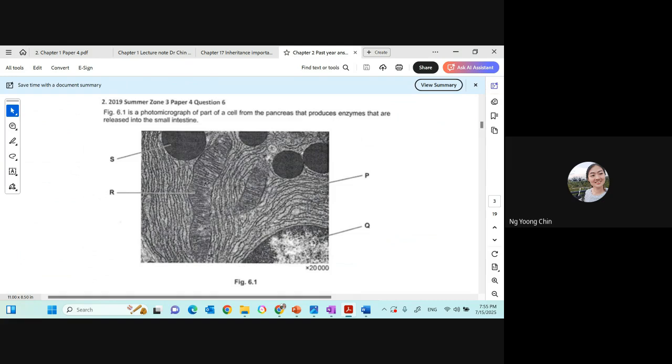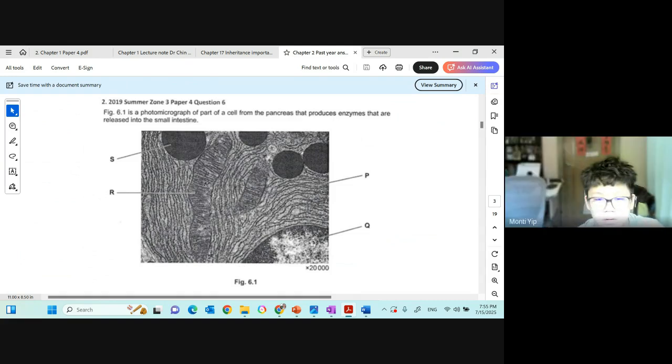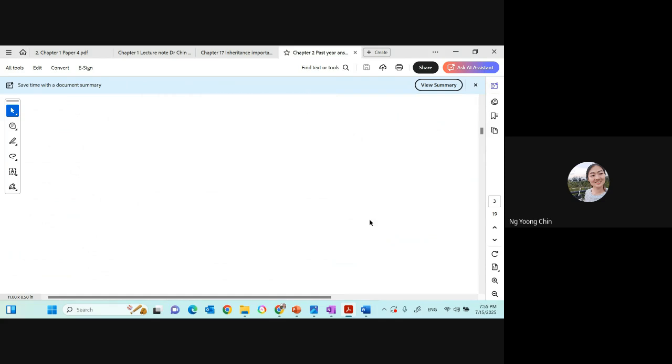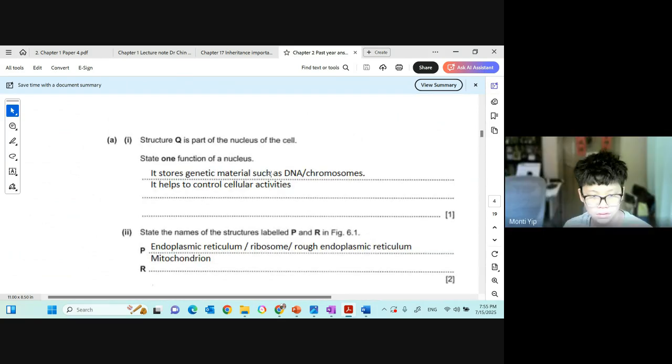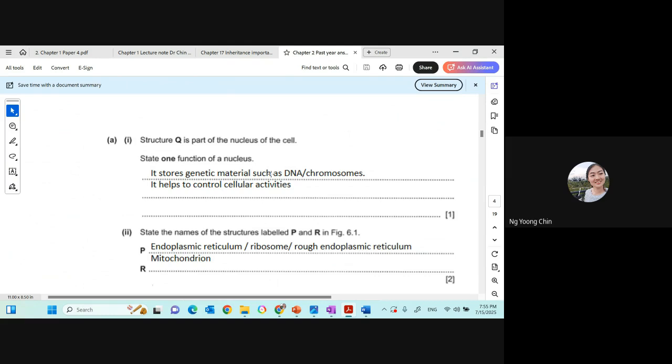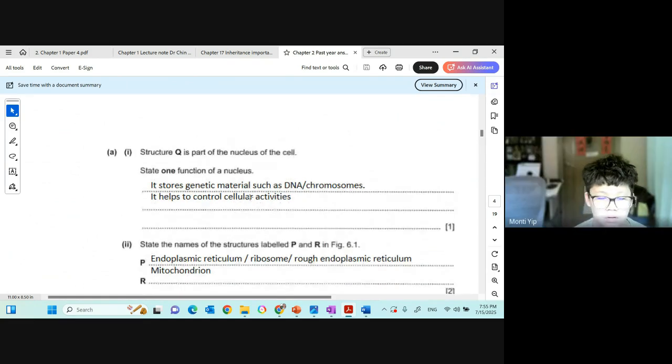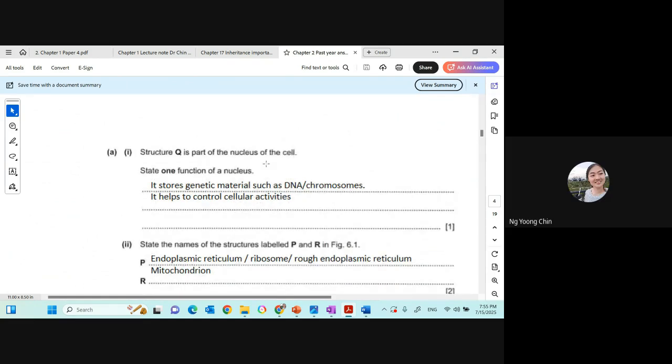This wavy structure is the endoplasmic reticulum. That's why Q is the nucleus. So the function of the nucleus is what? Control cell activity, store the genetic material like the DNA. You can see the keywords are similar to what you find in my notes.